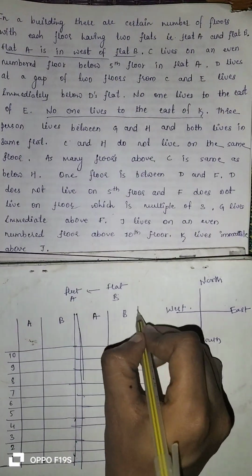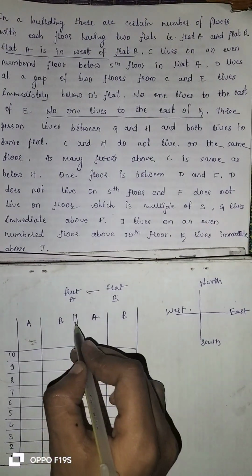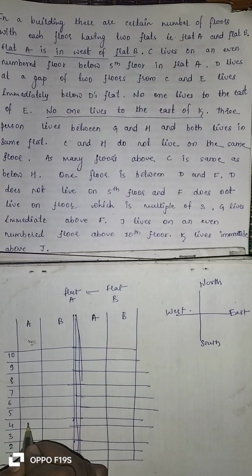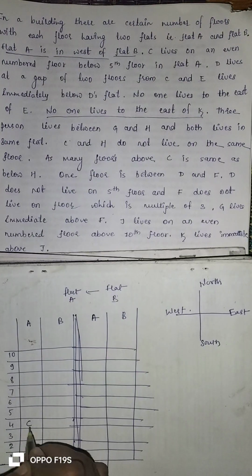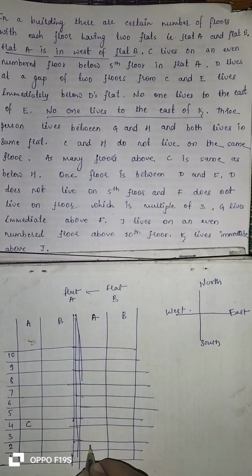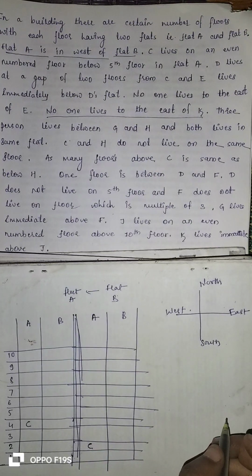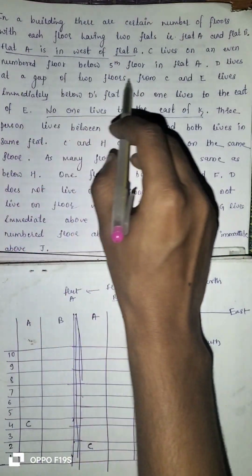This is flat A, this is flat B. I will write C on the fourth floor here, and in this arrangement I am writing C on the second floor. Next, D lives at a gap of 2 floors from C.